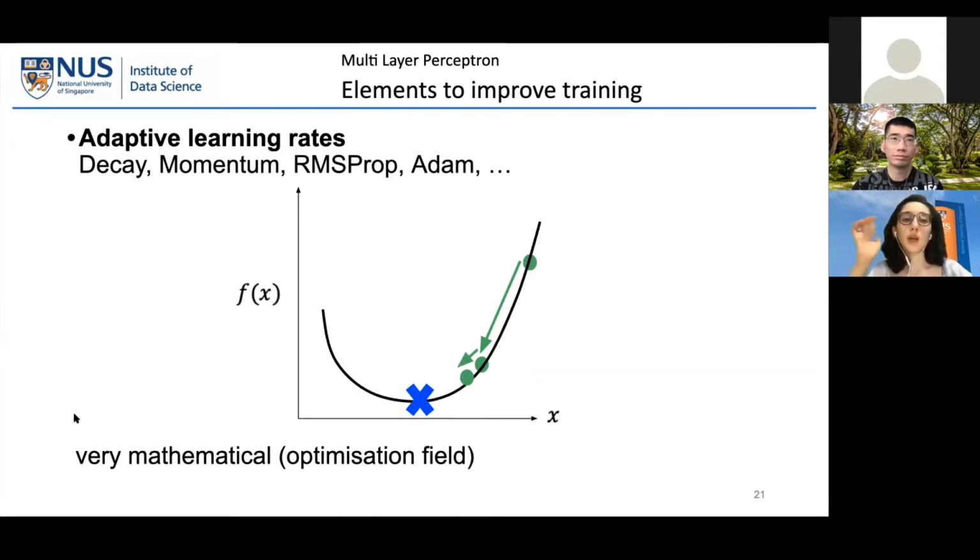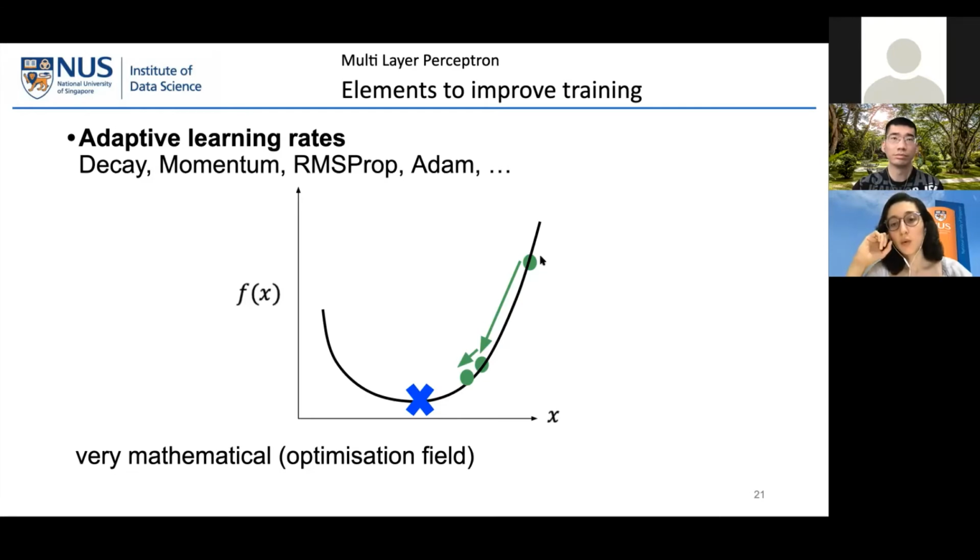Then what you can also have to improve training, which we introduced yesterday already, is the adaptive learning rate. Here you have your gradient to minimize, and you have a lot of parameters to estimate.